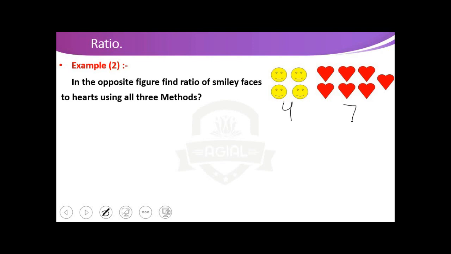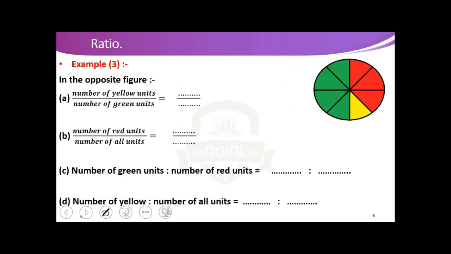In the first form, we can write this ratio like 4 to 7, or by fractions like 4 over 7, or by standard form like 4 to 7.